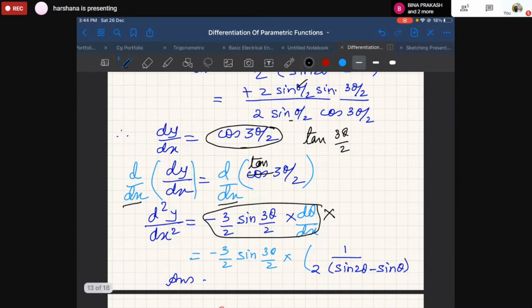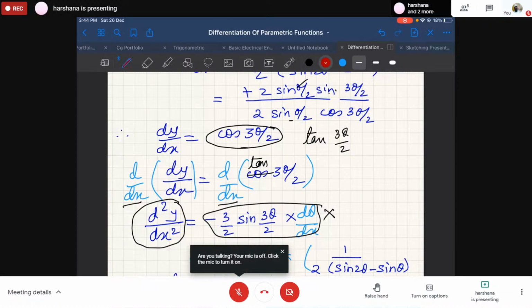So it is differentiated with respect to x. The left hand side is d2y on dx squared, and the right side is the derivative of tan. Derivative of tan is, this is a wrong statement, I am writing the correct statement.